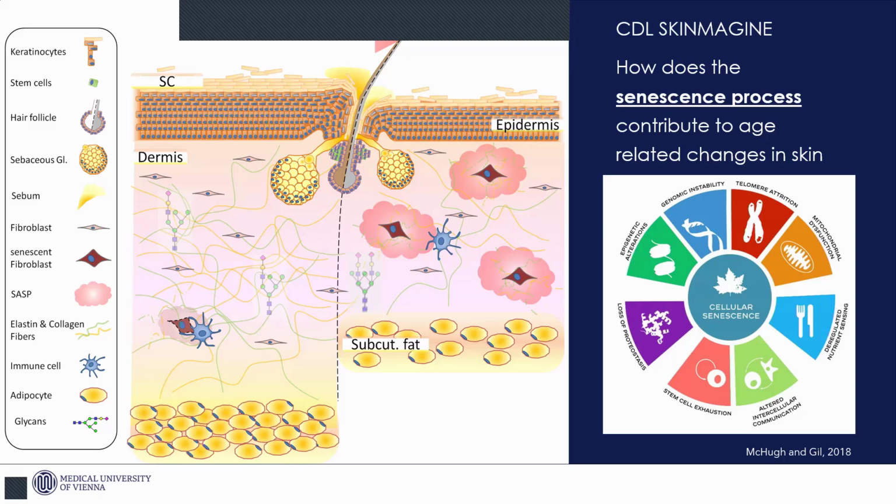If they hang around for some time, they start to produce a cocktail of inflammatory cytokines, proteases, MMPs, and other signaling compounds that together can damage the tissue if these cells reside in the tissue for a longer time, and they also elicit this inflammatory phenotype which is often observed in aged tissues.